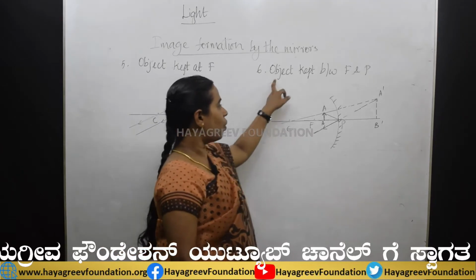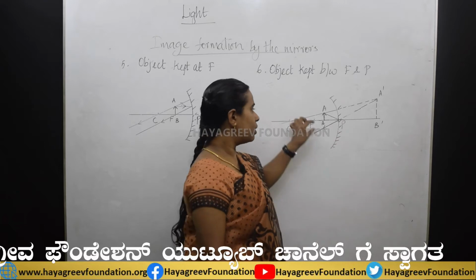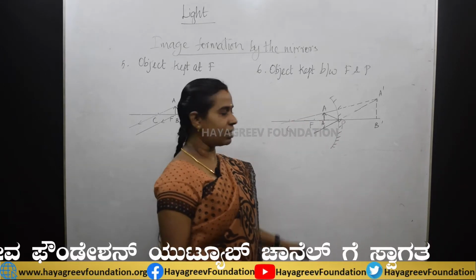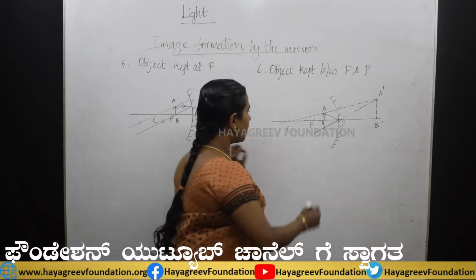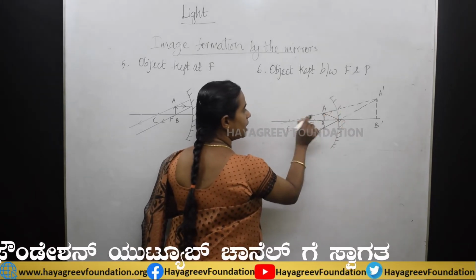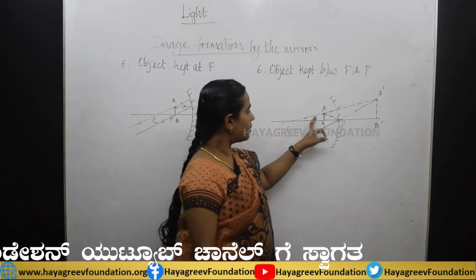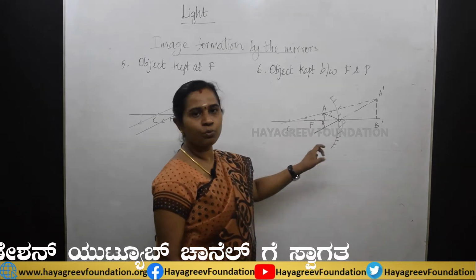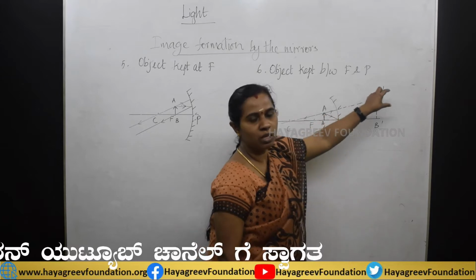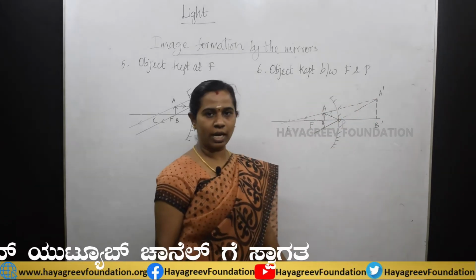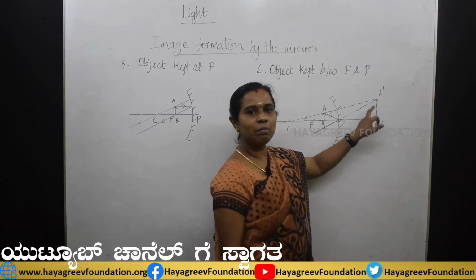Next diagram, the object kept between the principal focus and pole of the mirror. So, I kept a small size object. One ray is the one passing through the center of curvature. After reflection it will retrace its path. The second ray strikes the pole of the mirror. After reflection, it will follow the laws of reflection. The reflected rays we have to connect backwards with the help of dotted lines. When the two dotted lines meet, at that place the image will form.